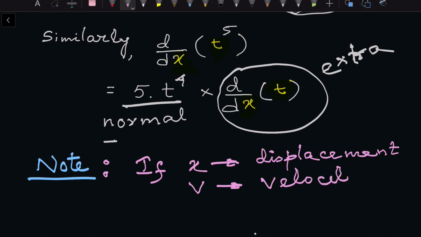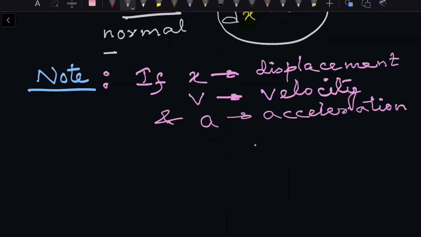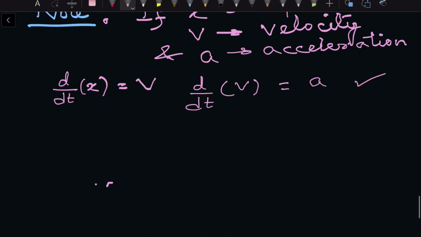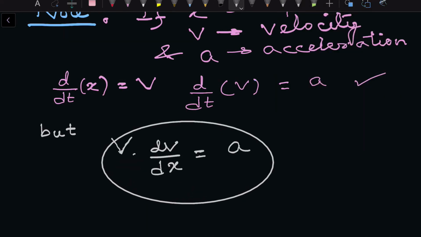You have to take note of another thing that I didn't explain earlier. If x is displacement, v is velocity, and a is acceleration, then we know these formulas. If we differentiate x, we get v. If we differentiate v, we get acceleration. But acceleration has another identity, v into dv by dx.